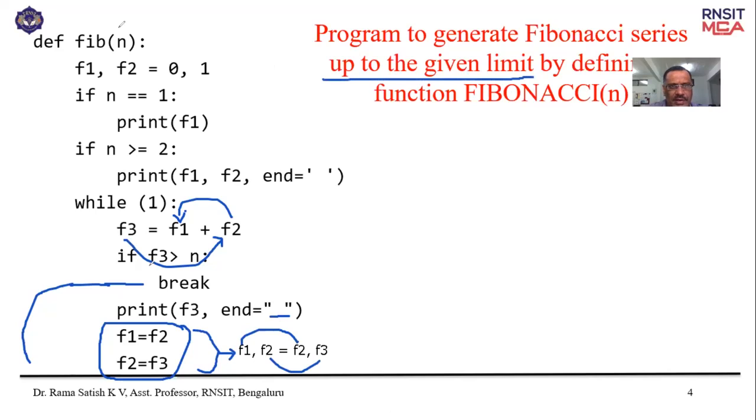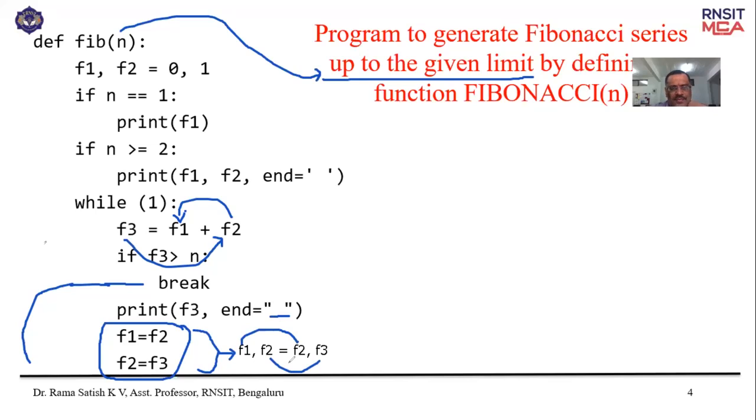N is the given limit number. Up to that, you have to execute. You have to loop. You have to be in the function. Once it is done, break, it will come out, and that's it.